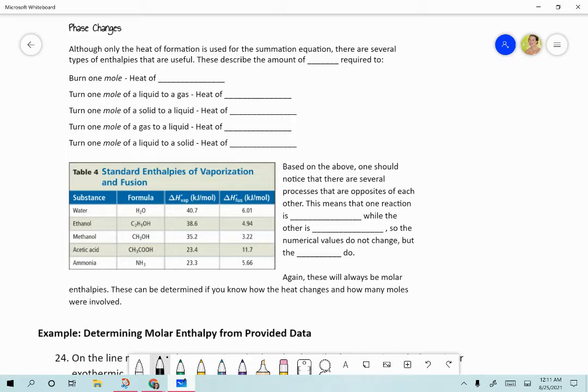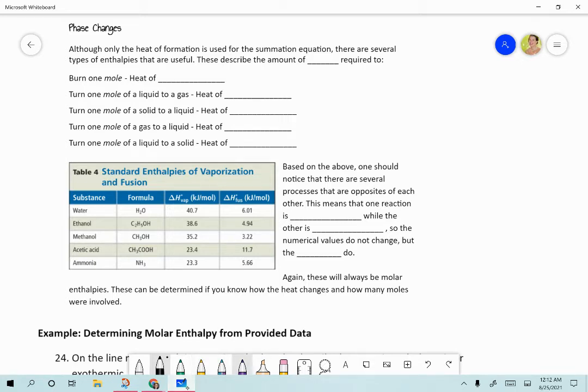So to wrap up our thermochemistry unit, we are going to look at phase changes and heating curves. Last time we looked at enthalpy, and when we were looking at enthalpy, we did the summation equation and we were looking at the heat of formation.